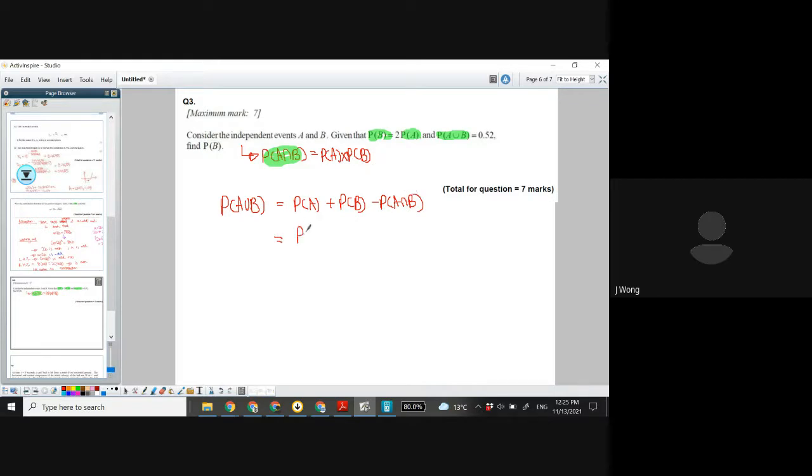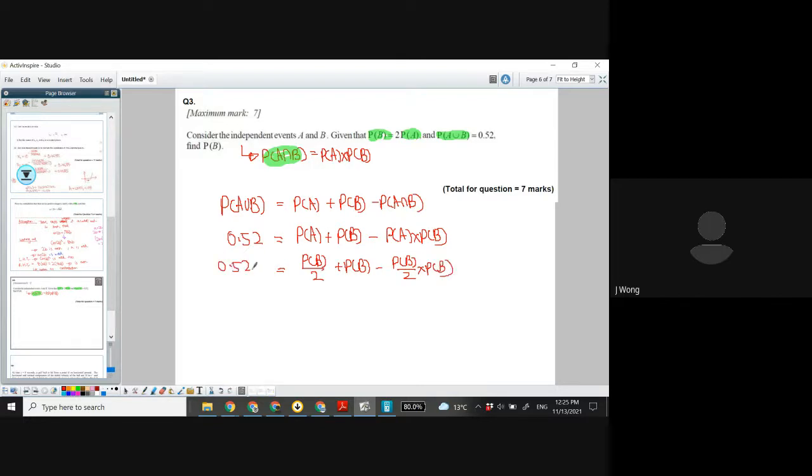Probability of A plus probability of B minus probability of A multiplied by probability of B. And since I want everything in terms of probability of B, I'm going to change probability of A into probability of B divided by 2. So it's that one.